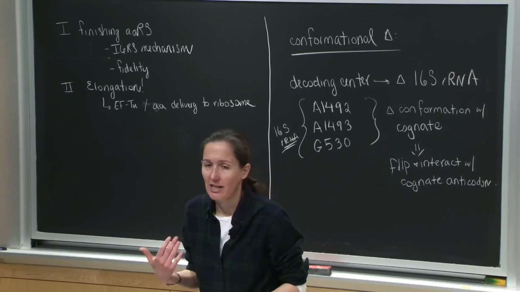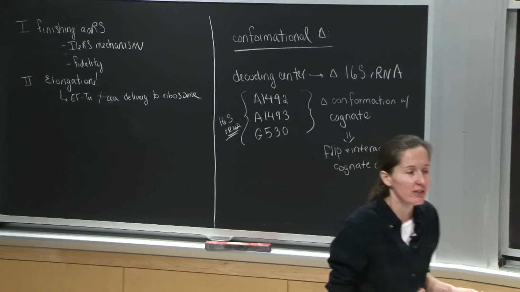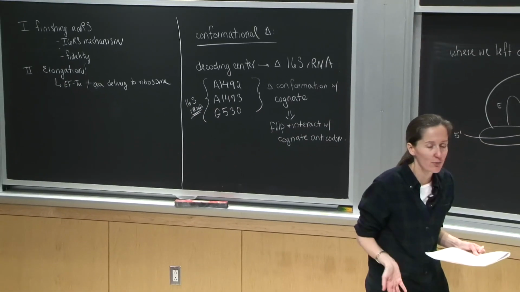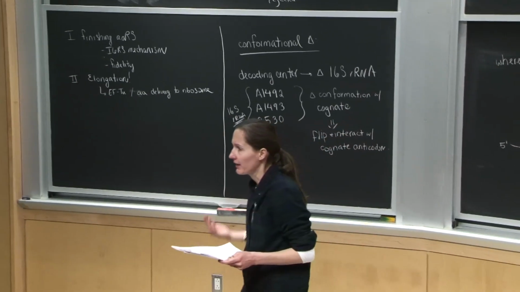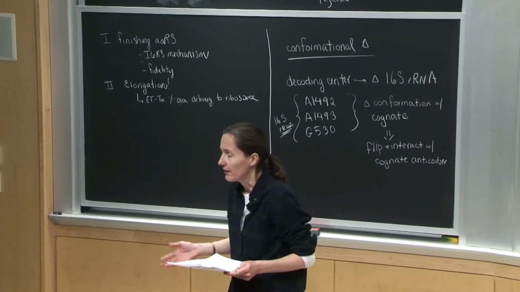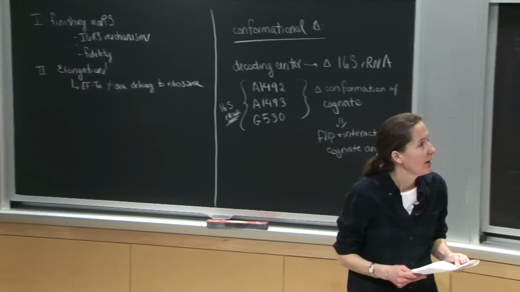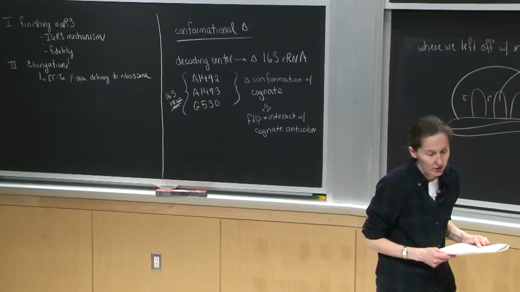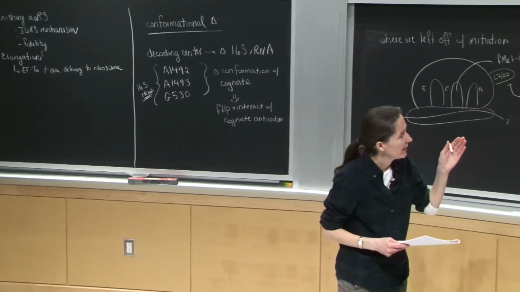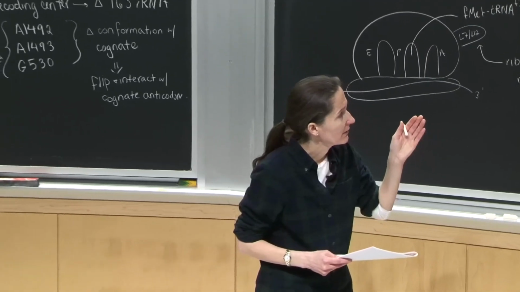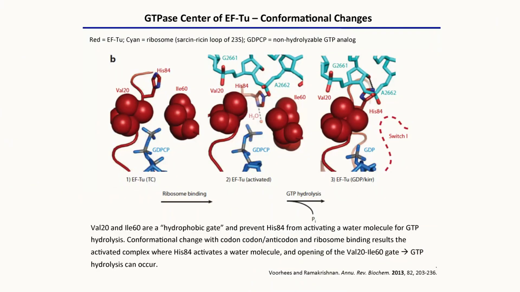Because there has to be a change in conformation at that GTPase center 70 angstroms away to allow for GTP hydrolysis to occur. And somehow that all has to be signaled from here to there. So what we're looking at here is an excerpt of the structure looking at this GTPase center.